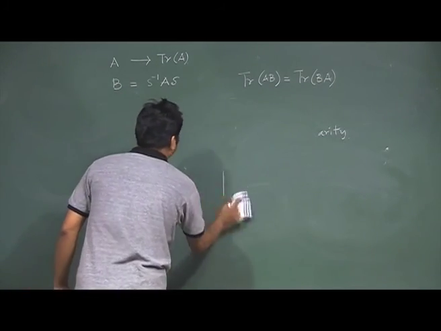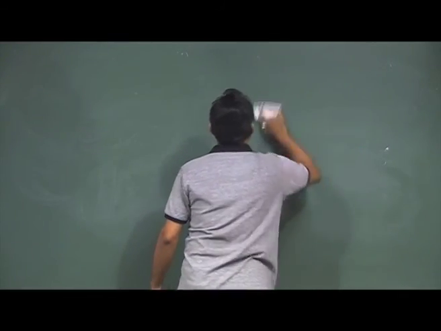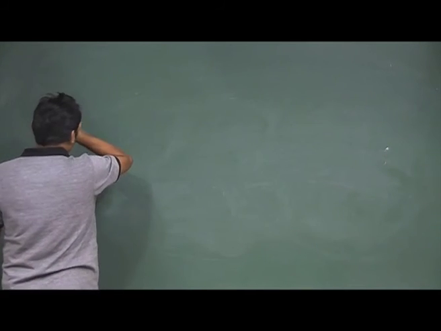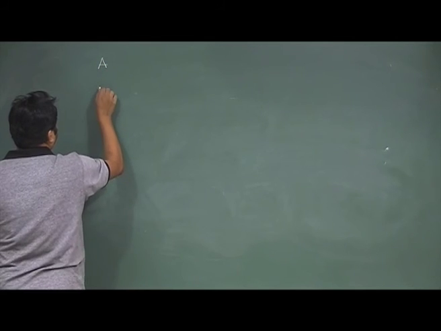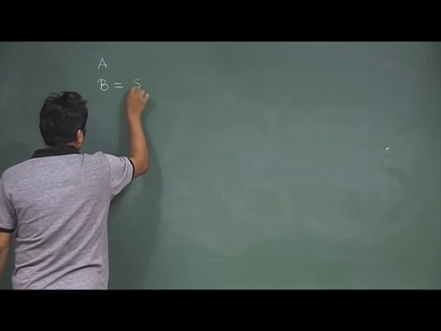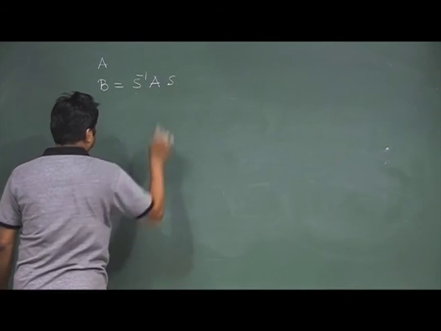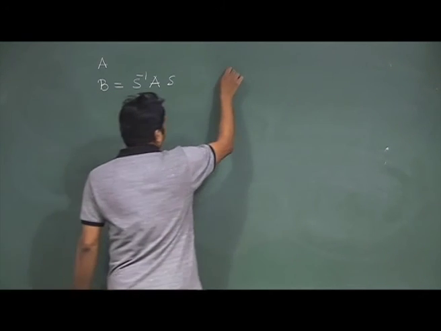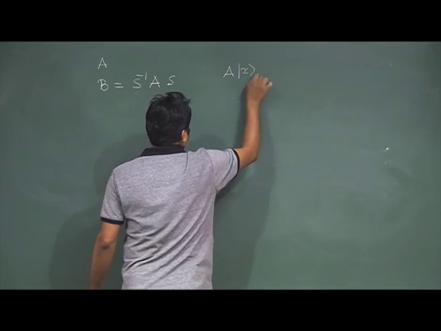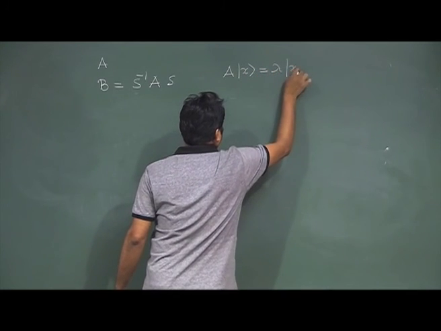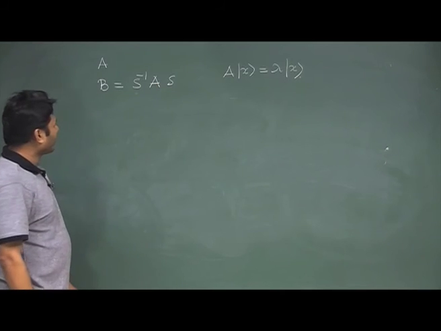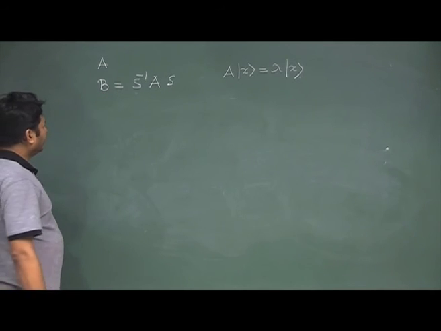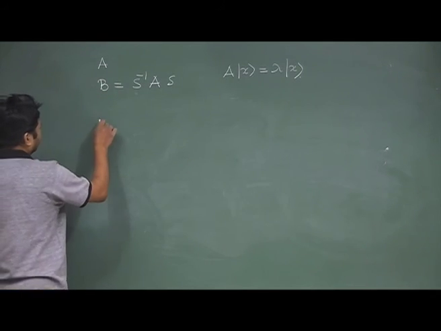Okay. Next thing is again a very short thing. A matrix is given, the corresponding similarity transformation is this. What about the eigenvalue or eigenvector of B? So, A has eigenvector x with eigenvalue lambda. Suppose this is the case, then what will be the eigenvalue of B?